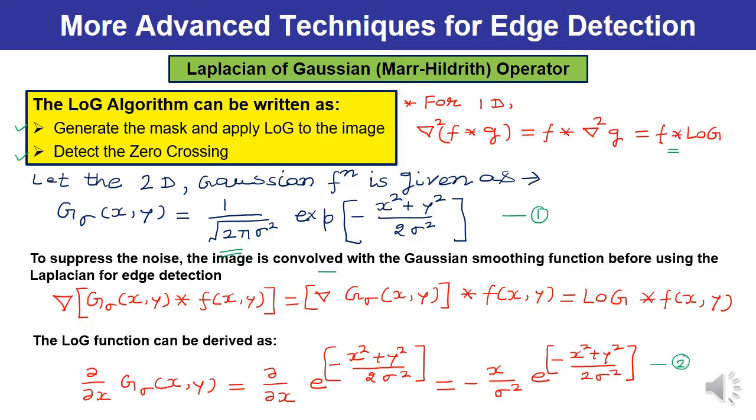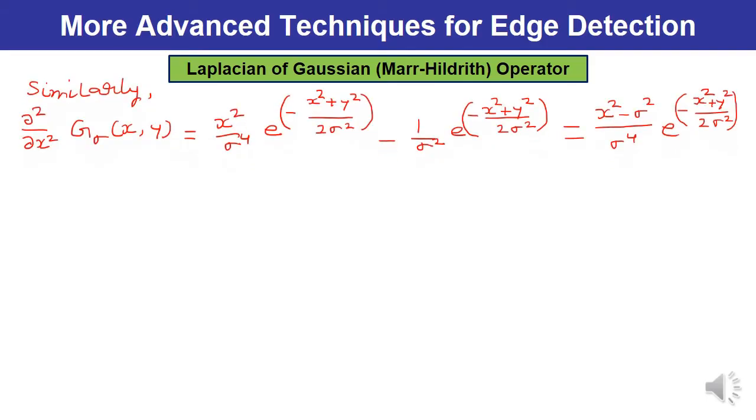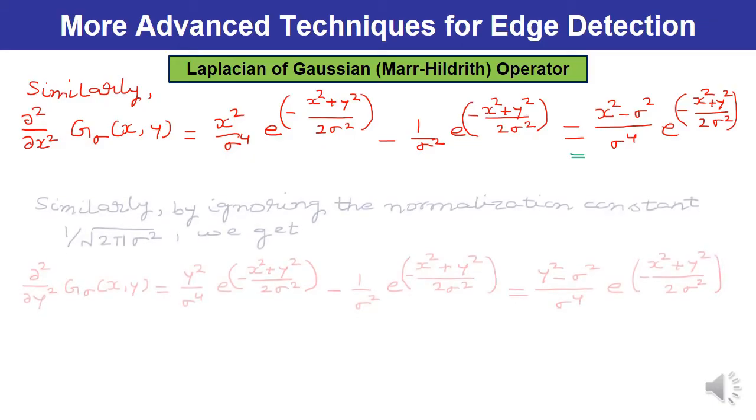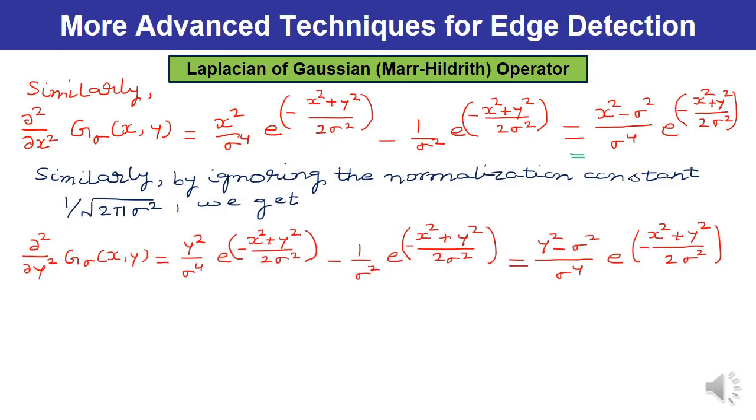And finally, what is our objective? Our objective is to calculate the second order derivative. See, when you write the second order derivative, del square upon del x square of g, you just have to differentiate one more time and you will get this particular term. Accordingly, differentiate with respect to y and find out the value you get over here. Again, you have to ignore the normalization constant as we did in the previous case.